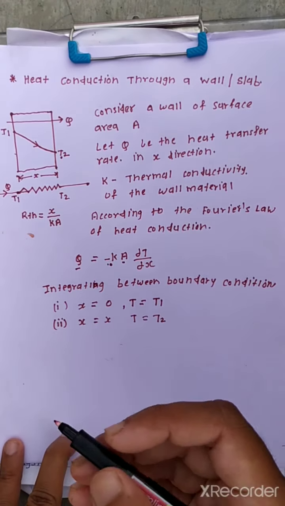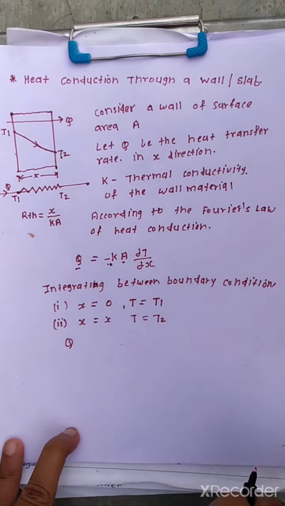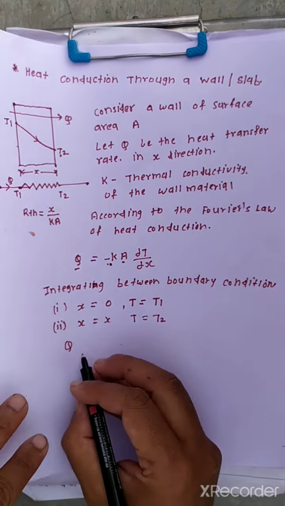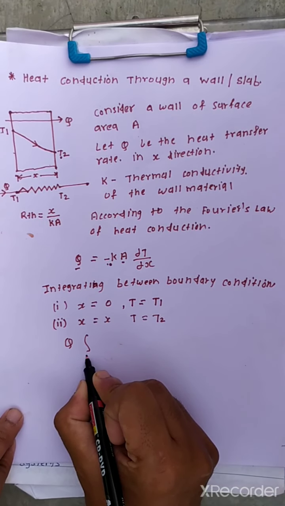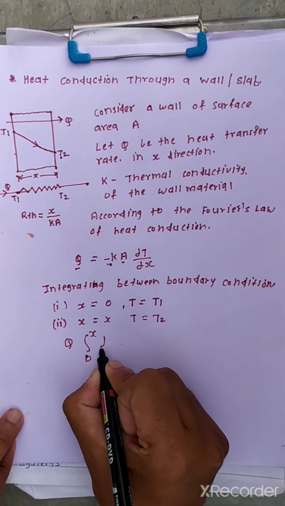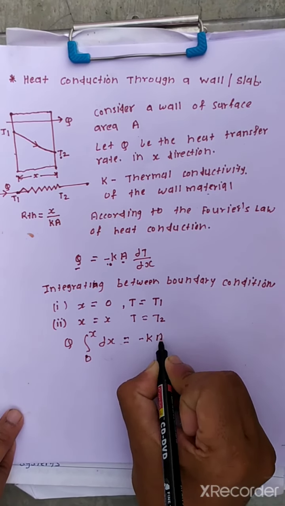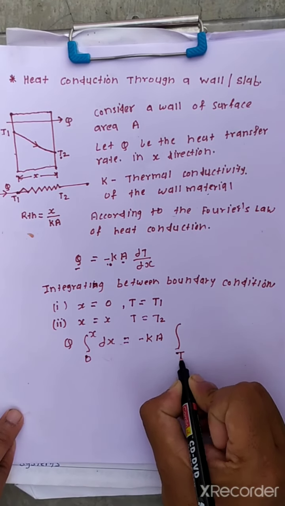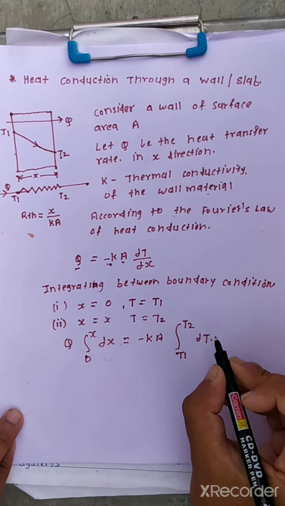So integrating between the boundary conditions, Q integration 0 to x of dx is equal to minus KA integration T1 to T2 of dT.